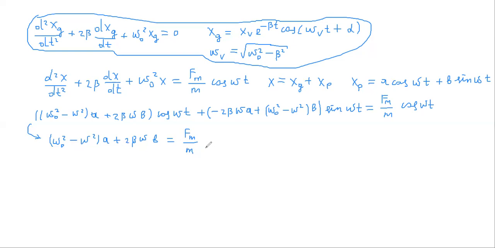And here we have that minus 2 beta omega a plus omega 0 to the power of 2 minus omega to the power of 2, in parentheses, b is equal to 0.